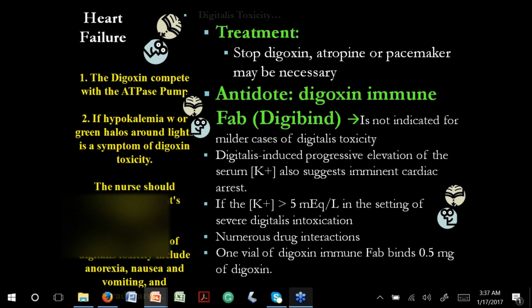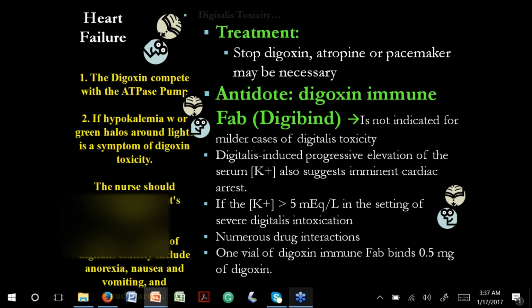The antidote is going to be the digoxin immune Fab antibody. It is not indicated for milder cases of digoxin toxicity.